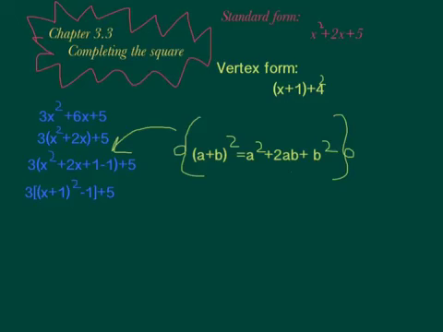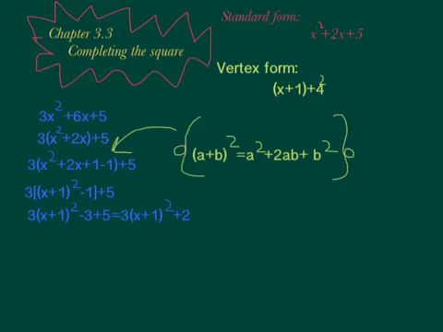Now we're almost finished. Okay, the tricky part here is remembering that these are parentheses inside parentheses. All I need to do now is again factor out this 3, because I can't leave it like that. I need it to be in vertex form. Okay, this is almost vertex form, not exactly. So I just need to open up these parentheses. Open up the square parentheses, not the rounded ones.